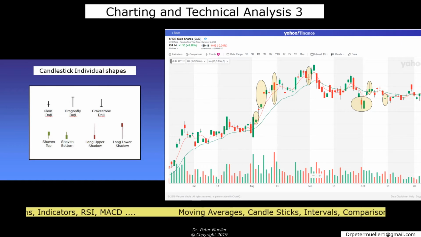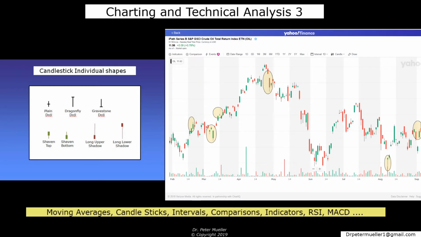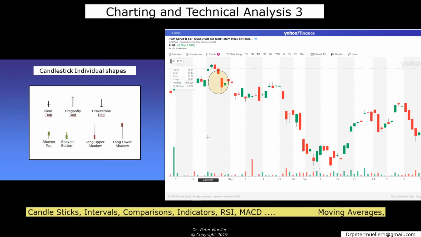And this formation, by the way, when you have a little top and a longer shadow, this is also called a hammer. Then there is a specific form which is called a doji. And here I've given a little example, this little cross here. I'm just zooming into it for you so that you can see it.